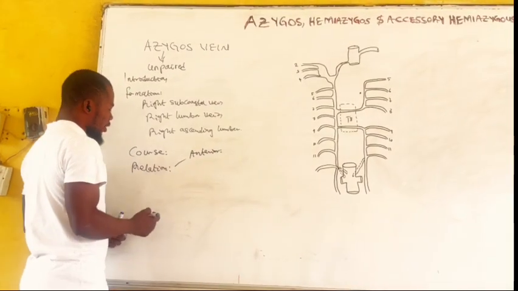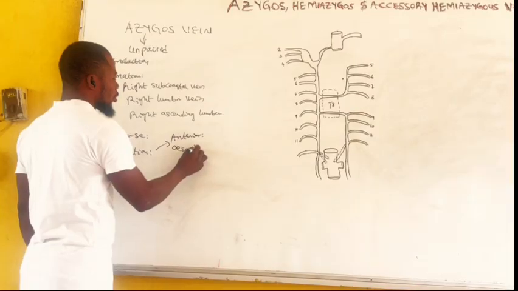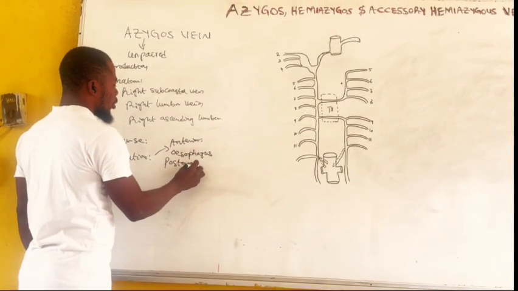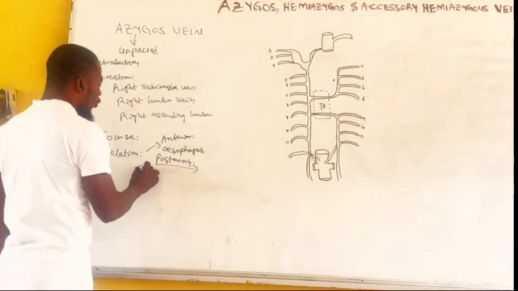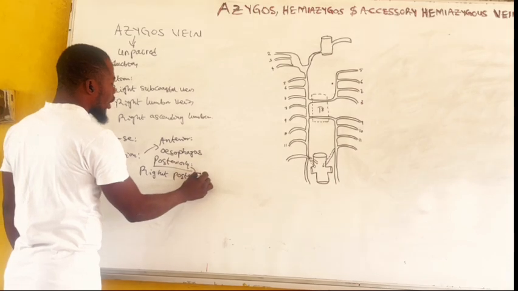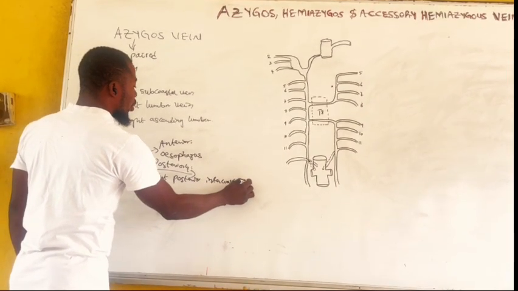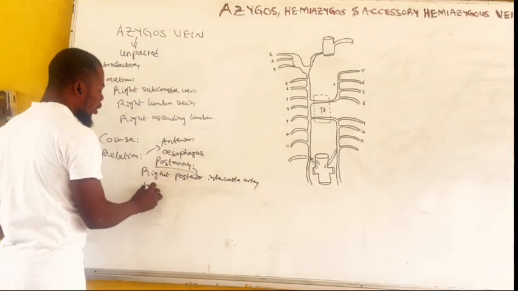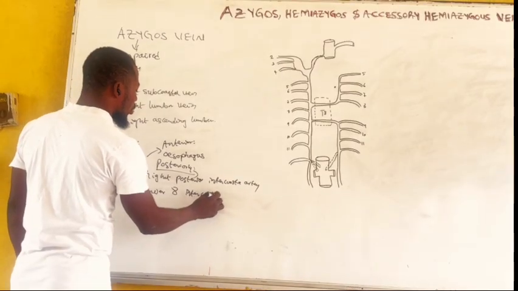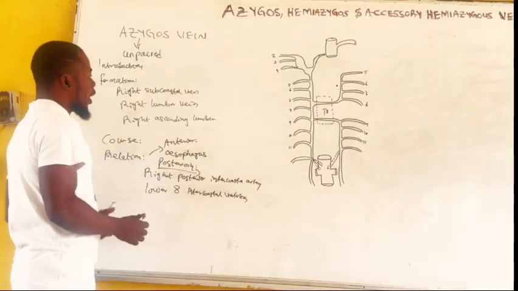Anteriorly it has a relation with oesophagus, and posteriorly it has relation with right posterior intercostal arteries and lower 8 intercostal vertebra. These are the anterior and posterior relations of the azygos vein.